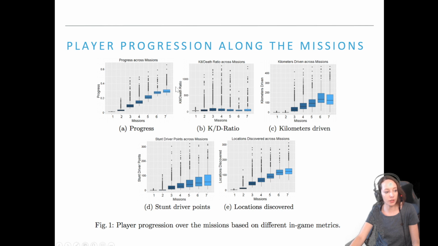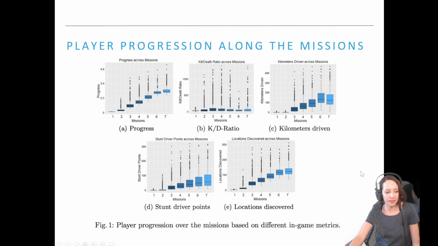So we would look at the progress along all the missions, and you can already see here, for instance, that mission 3 is a little bit full of action. In mission 6, for instance, you have to drive a lot.